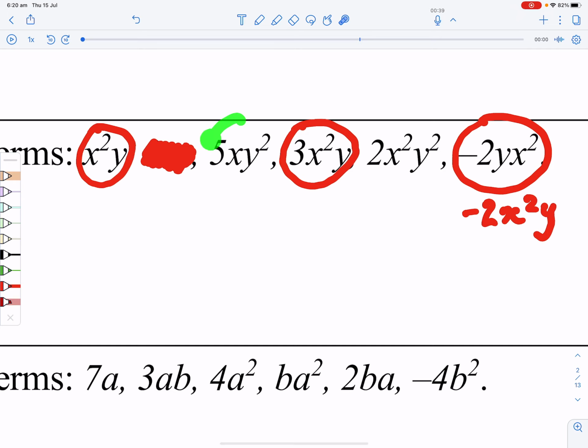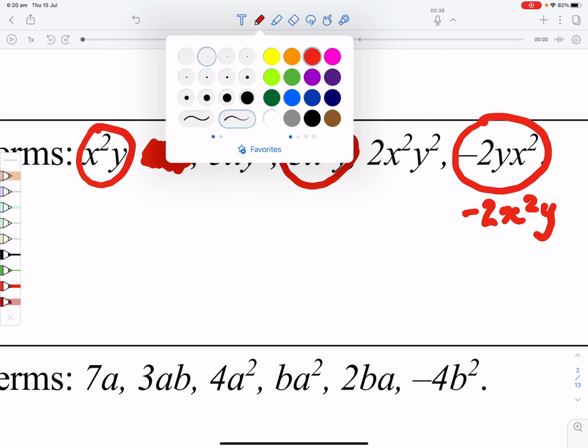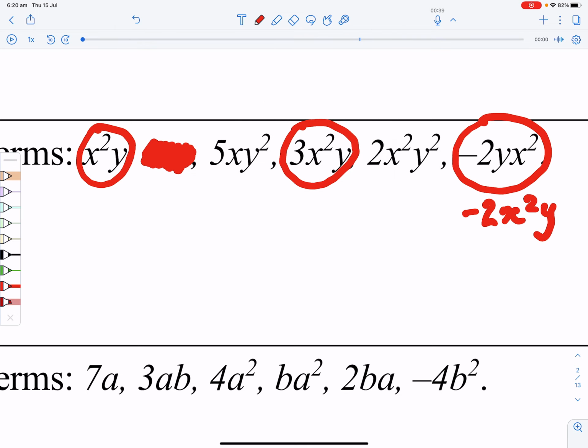So why is this not a like term? Because this one has x and then y squared. Okay, you can see that it's got an x and then the y is being squared.